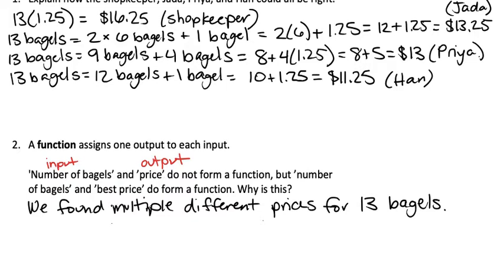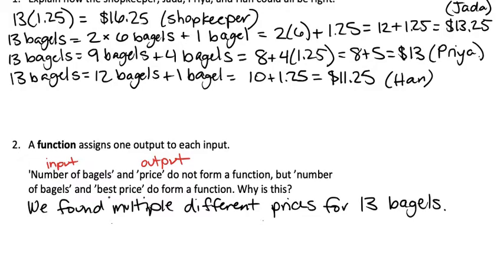So because of that, there are more than one output for certain inputs. Now, if we only bought one bagel, obviously there would only be one output because there's only one way to calculate the price. But for more bagels, we have more ways that you can calculate the price.